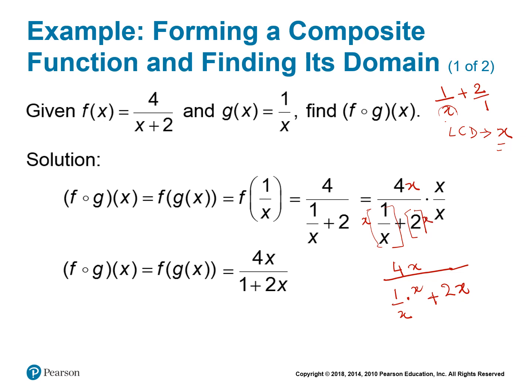So what do we get here? This x and this x divide, so we've got rid of the denominator in the denominator. And what are we left with? We are left with 4x in the numerator, and then 1 plus 2x. And that's how they got this answer. I just wanted to work through a little bit.